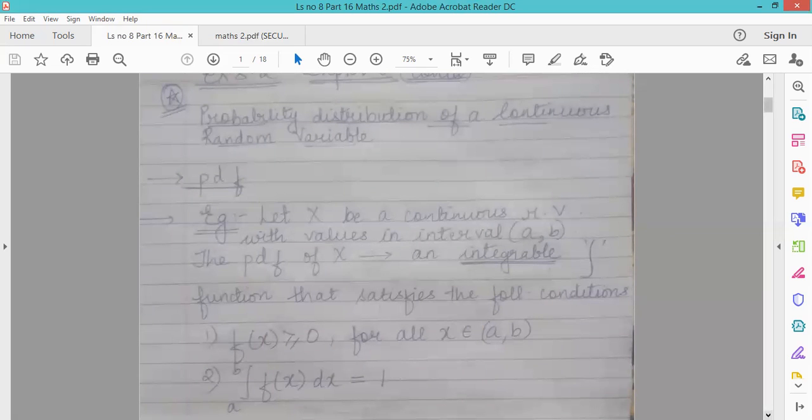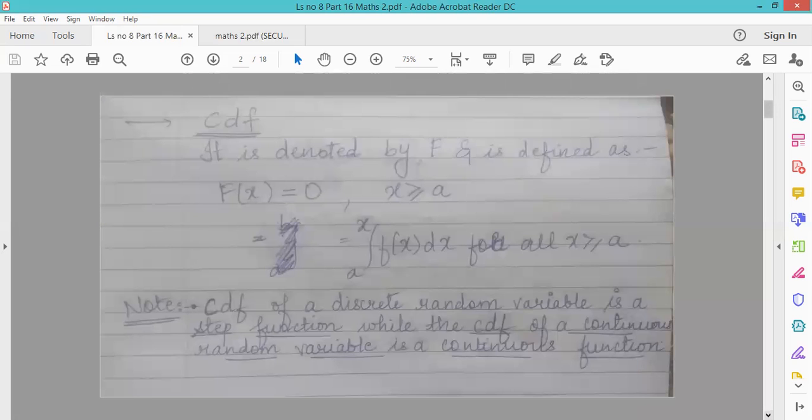So I hope you are clear with what is a PDF. So variable or the function x can be said to have a PDF with a random variable x only when f of x is greater or equal to 0 and integral a to b f of x dx will be equal to 1. So remember these two conditions class for a PDF.